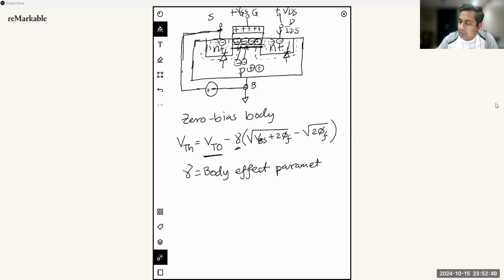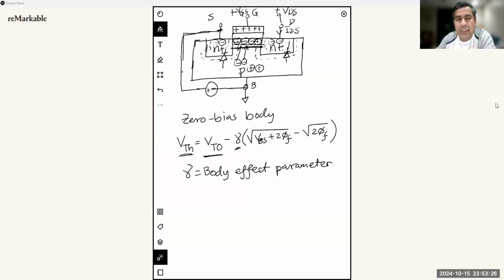And that is our third parameter that we are going to find out for this device. Due to that, you will have a different threshold voltage, VTH, than the VT0, the zero bias body threshold voltage. So we have to find it for that. This equation is particularly specific to the NMOS. For PMOS, the only thing that changes is the sign here, and the polarity of VBS will be reversed, so it will be VSB.